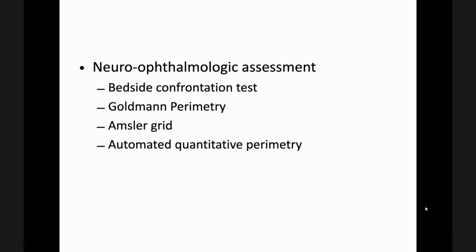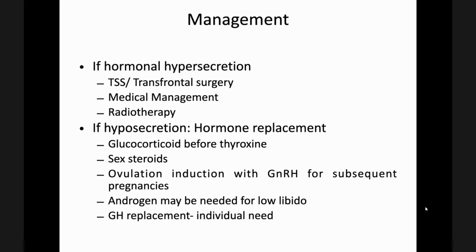So there are some neuro-ophthalmologic tests like the bedside confrontation test to assess the visual field, Goldmann perimetry, Amsler grid, and automated quantitative perimetry. So usually the management of these pituitary gland diseases involves, if there is hormonal hypersecretion, either surgery of the adenoma itself, medical management, or radiotherapy.